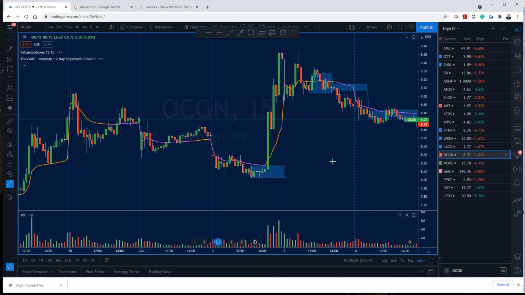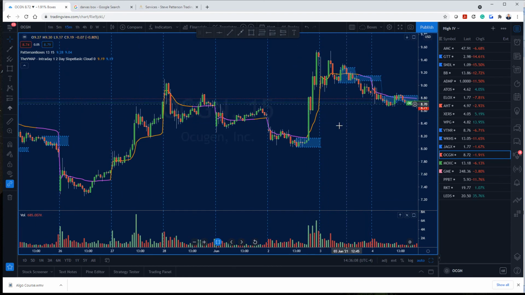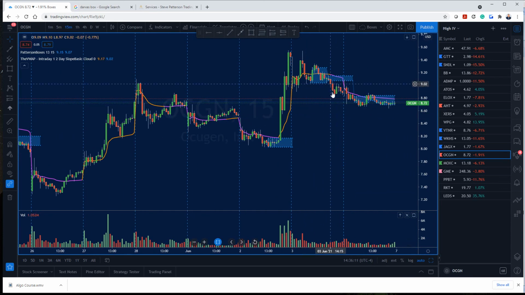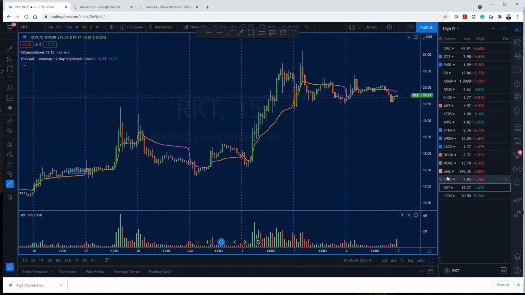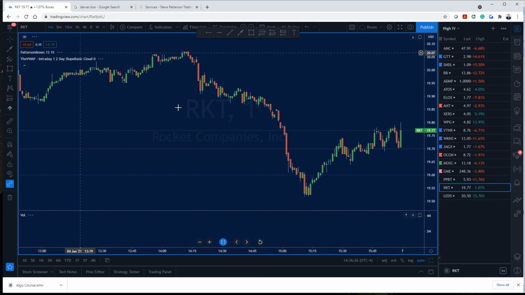OCG. Here's one that broke out, right? A penny stock. That worked pretty good. These are stocks with very high IV. RKT, no. I think I used it in the case of RKT intraday on a 1 minute time frame.